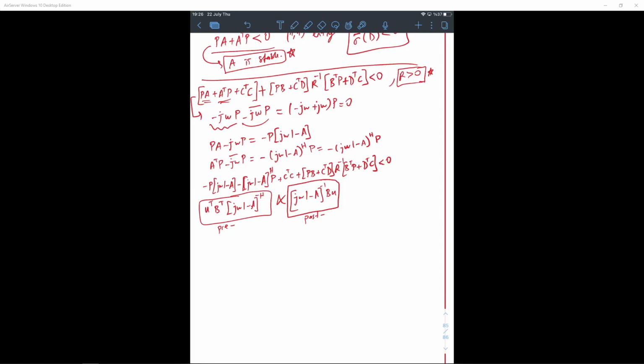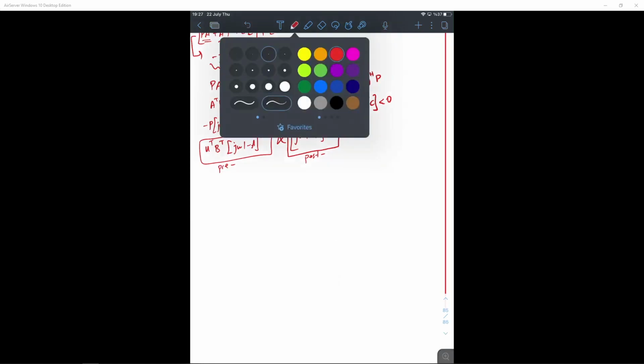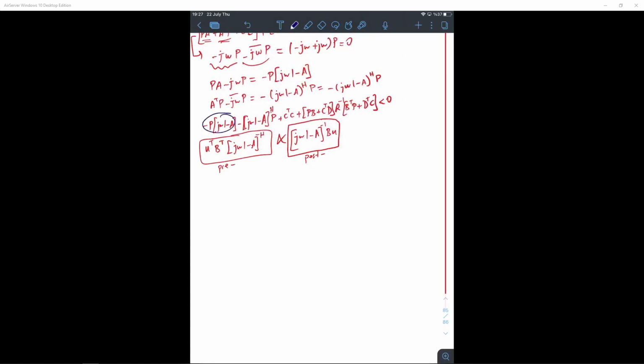Alright, there are 1, 2, 3, 4 terms. There are 4 terms. Let's focus on the C transpose C term. Actually, I'm going to use blue from now on.